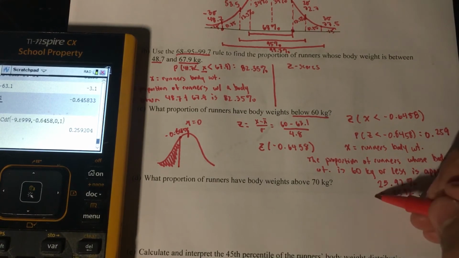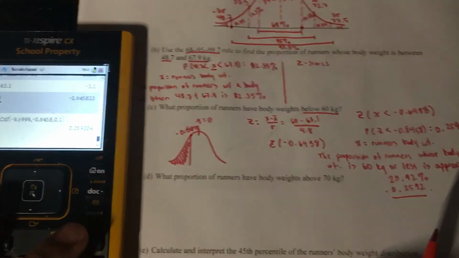Either way is correct. I would just go ahead and put the 0.2592. Okay.